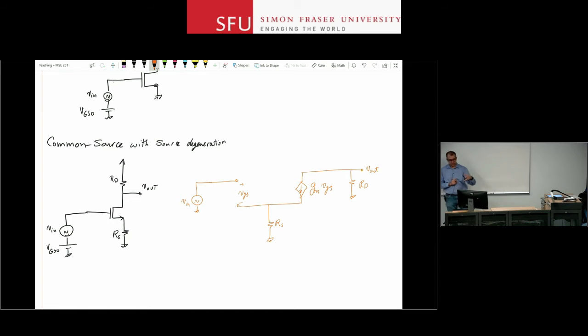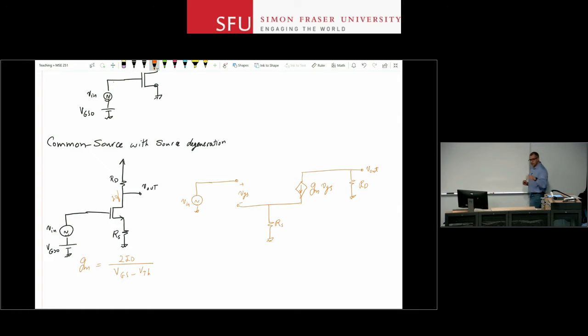Again, re-emphasizing this, the device is in its active region. I've done the DC analysis. I've figured out the drain current, which is the important parameter here, right? And I've calculated GM based on that. Remember that, for example, you can calculate GM from this expression. But there were 3 equivalent expressions that you could use, right?